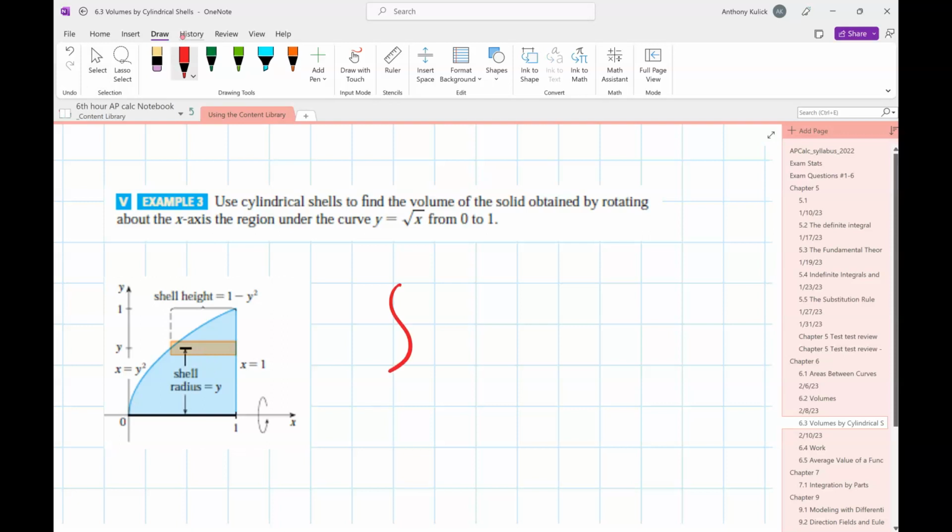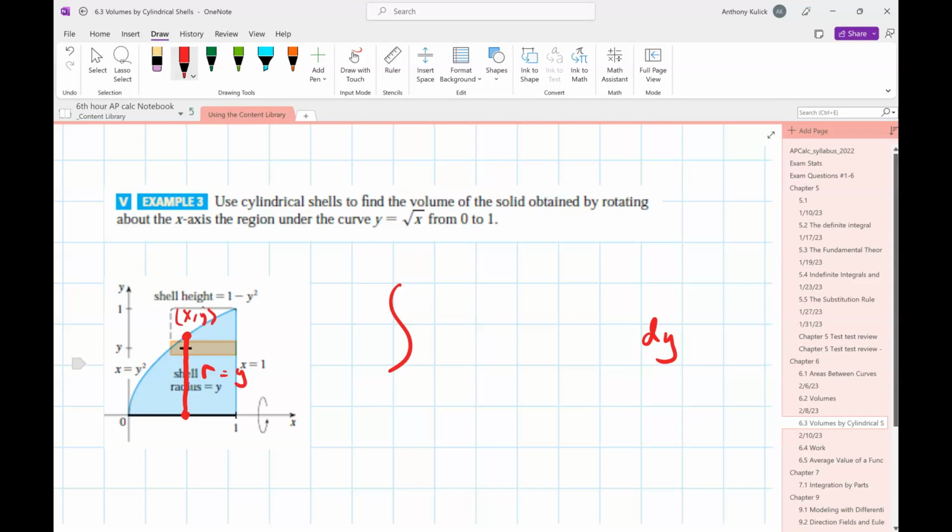So first thing you should notice is because we're rotating about the x-axis, I'm going to be doing this as a dy integral. Everybody's cool with that? Okay. So if I'm rotating about the x-axis, the radius for my cylinder is going to be that distance. Everybody's okay with that? Since that's the pivot point for my rotation.